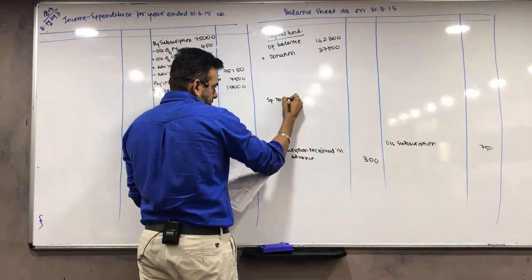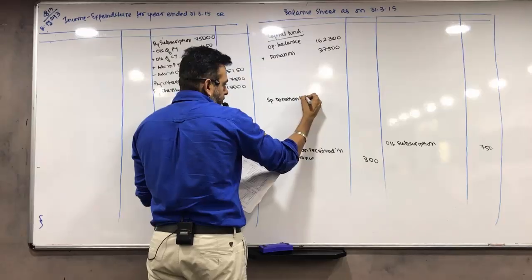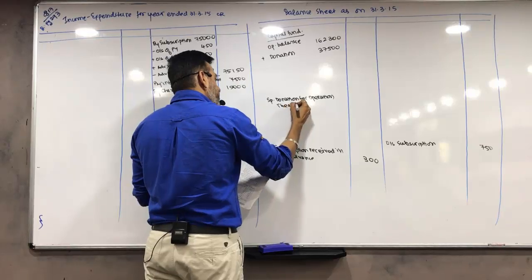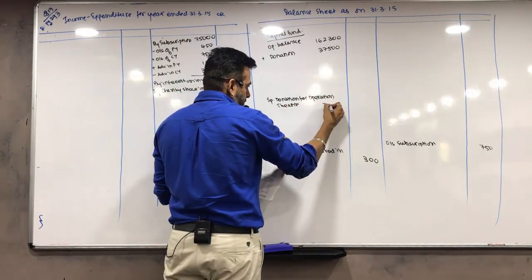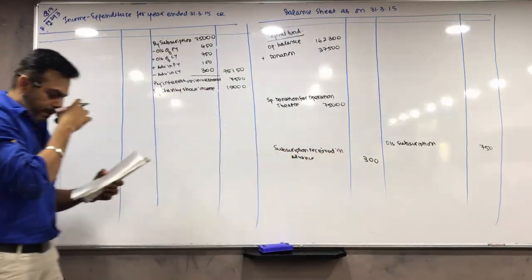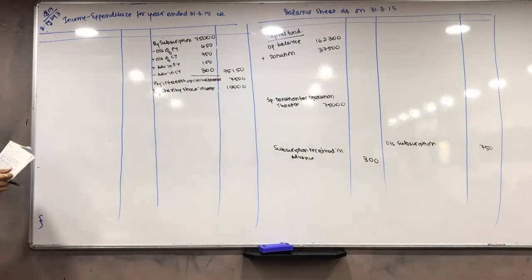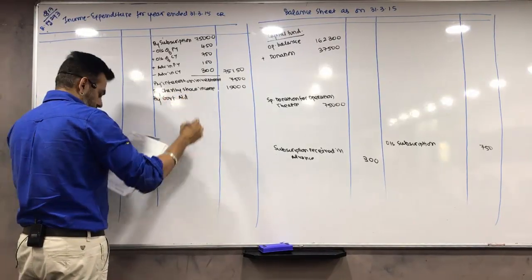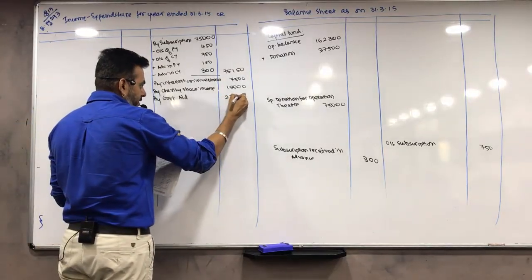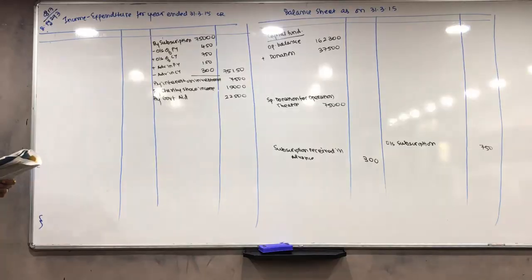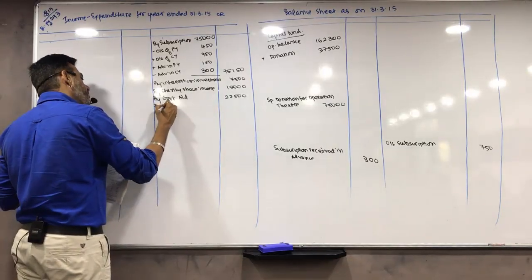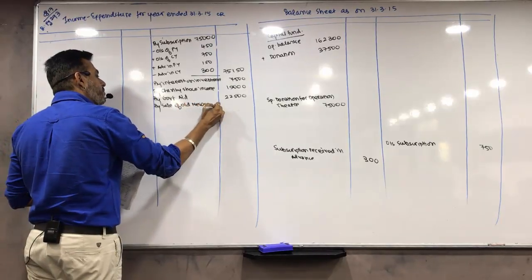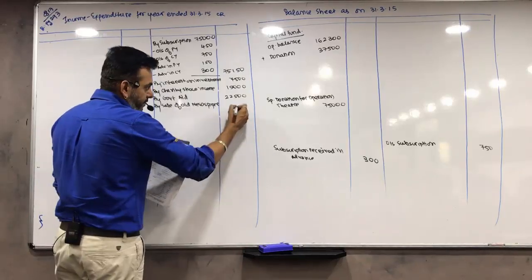Special donation, inner column 75,000. Government aid 22,500. Sale of old newspaper 750.